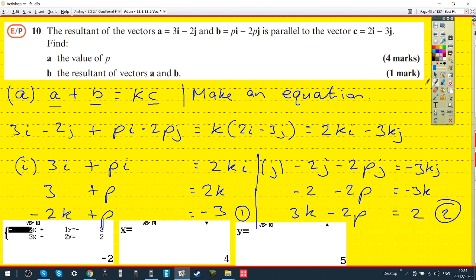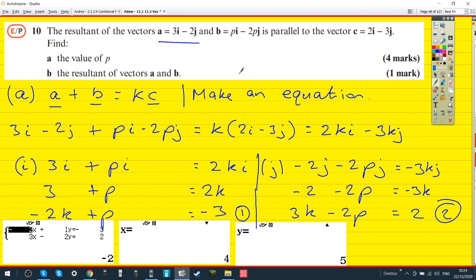That one we don't need to sub anything into. Into B. So is P 5?